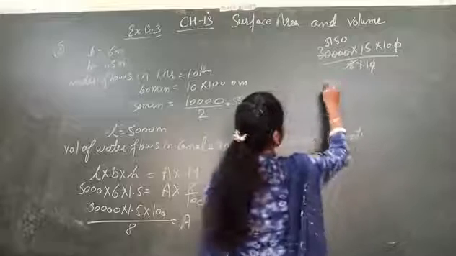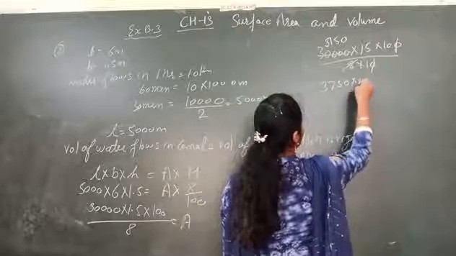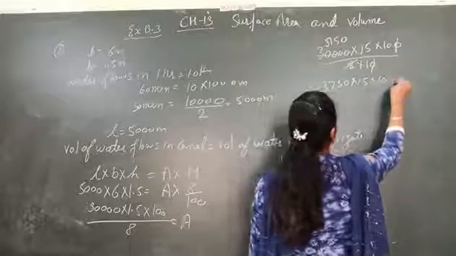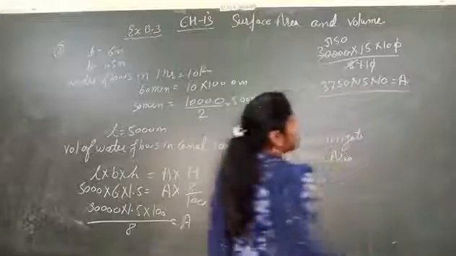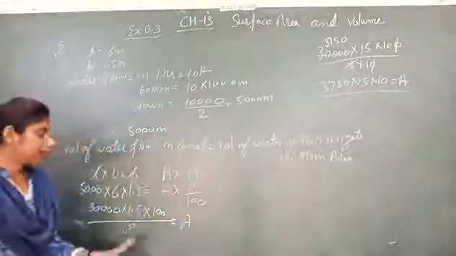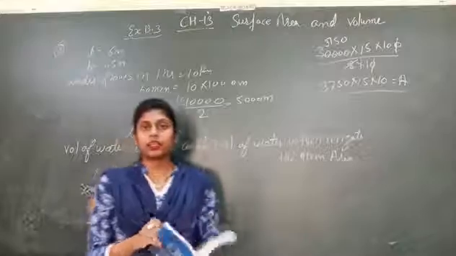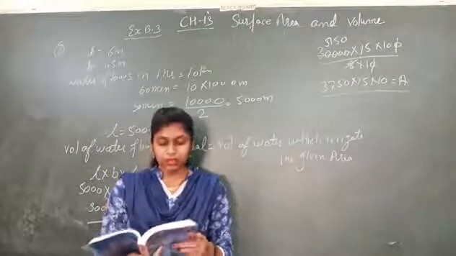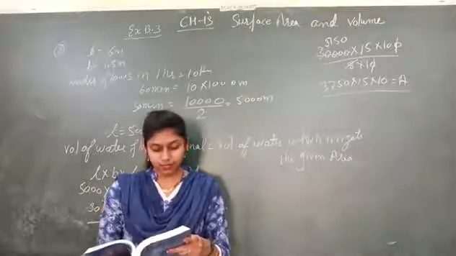Now multiply 3750 into 50 into 10. This is equal to area. Multiply it, simplify it, you will get the area. Clear? Next, 9th question is the same as this.